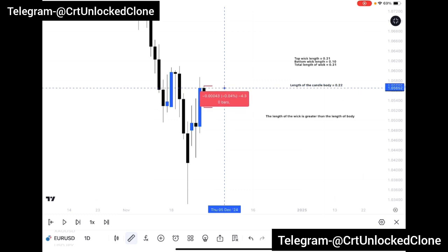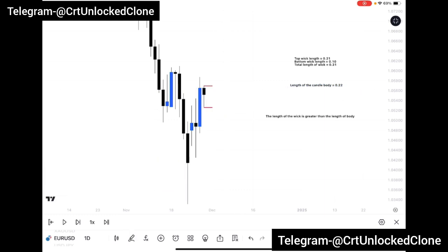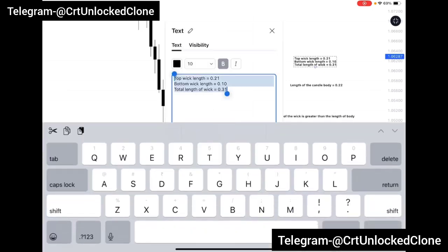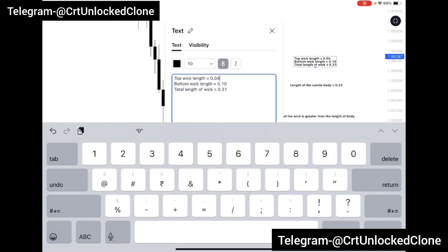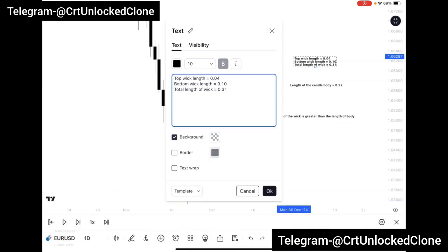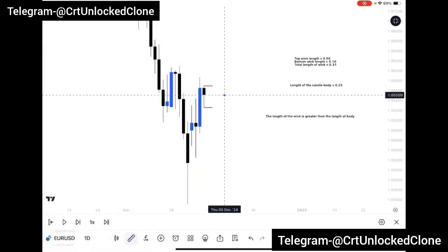By measuring the top, we got top wick length 0.04. Here 0.04. And now just measure the bottom length of this wick.